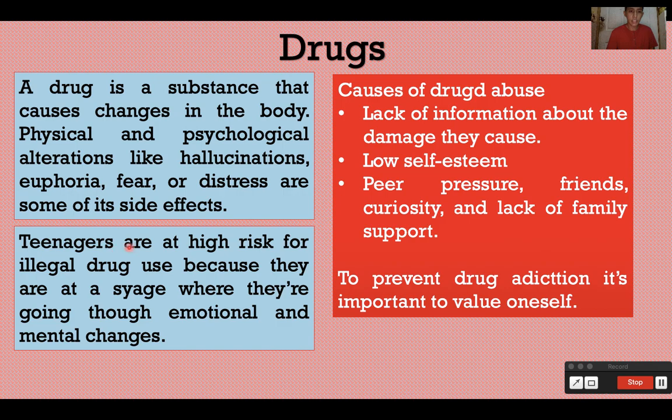Teenagers are at high risk for illegal drug use because they are at a stage where they're going through emotional and mental changes. Most of the teenagers around the world, mostly in the United States, England, and some parts of Europe, are at risk of taking drugs.